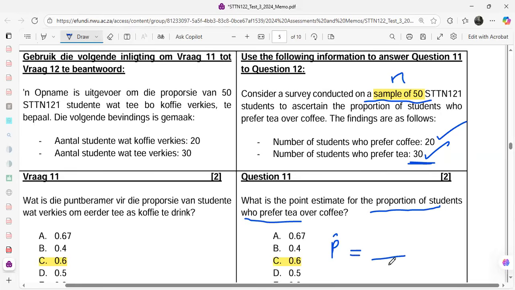We know that n is 50. But what is the value of X? The number of students who prefer tea is 30, because they said tea over coffee. So it's 30 divided by 50, which is 0.6. Then you're done.